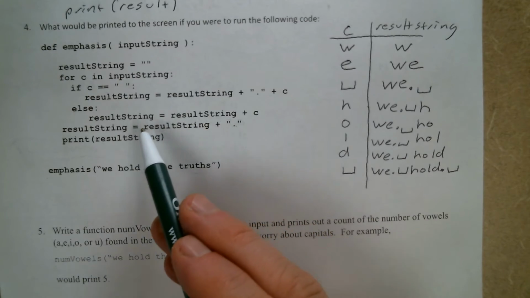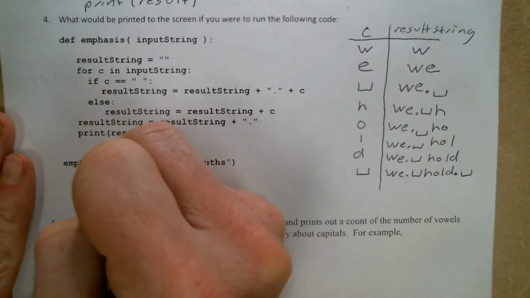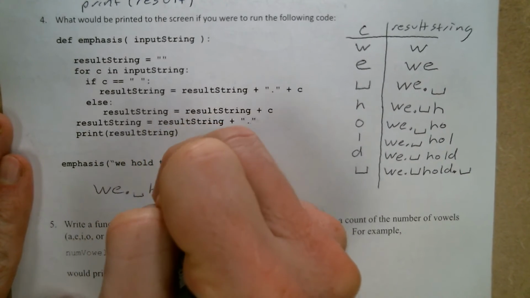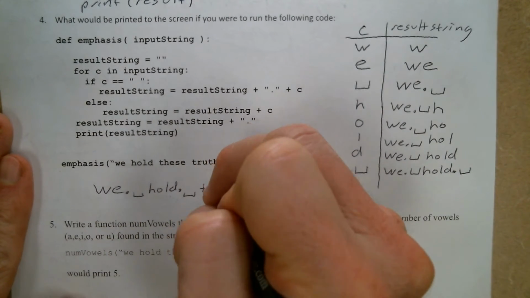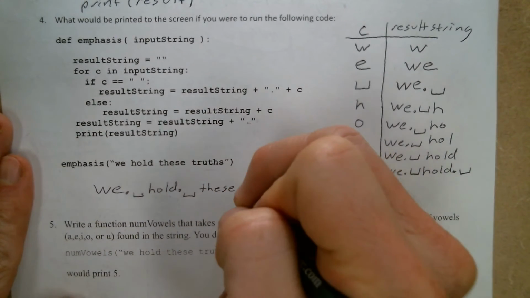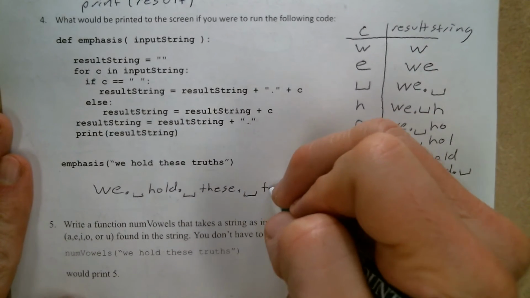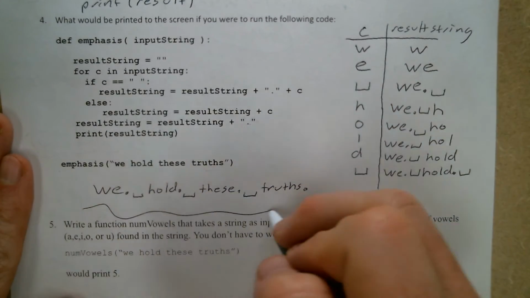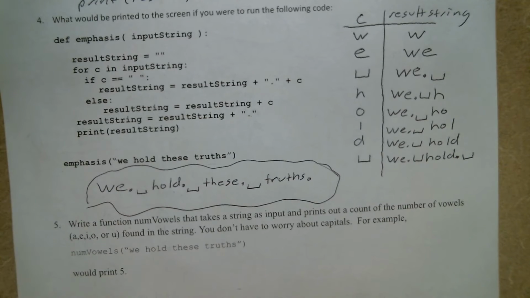When the loop ends, that's going to put in the period, so our end result is going to be WE period space HOLD period space THESE period space and then TRUTHS period. So that's what this function would end up creating.